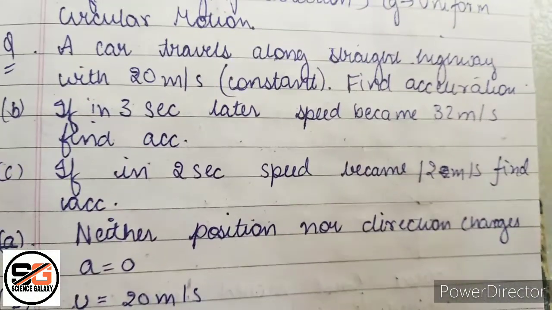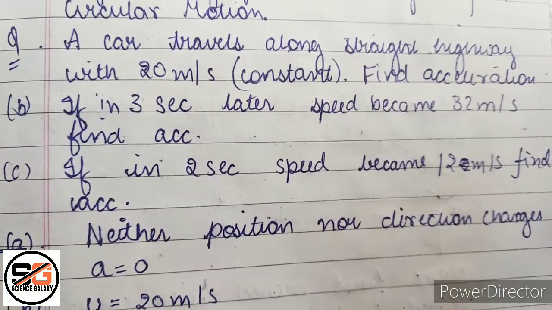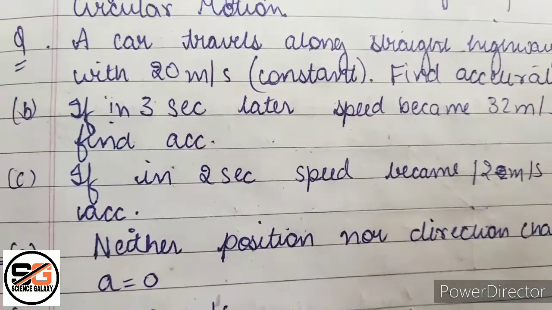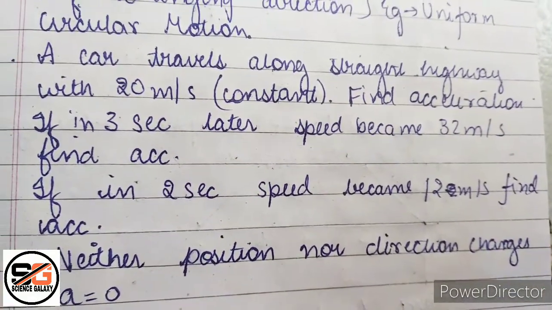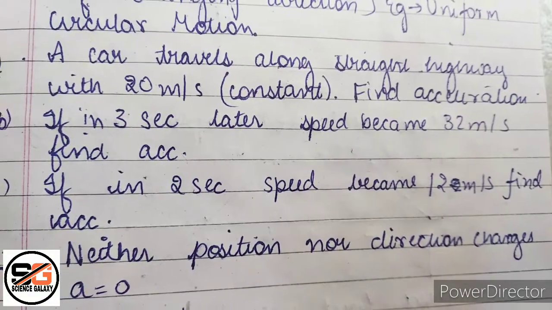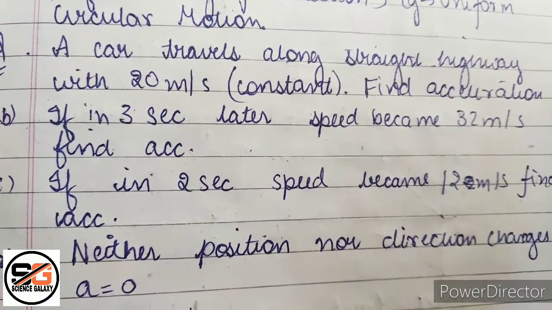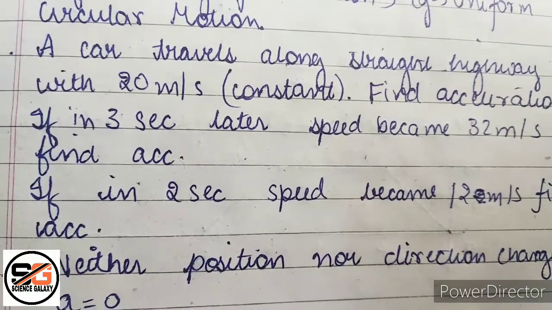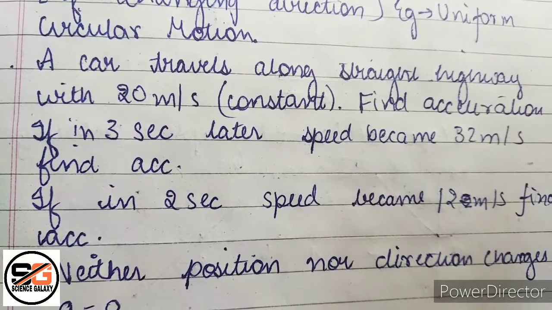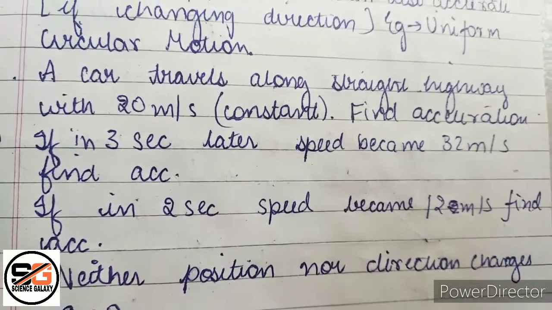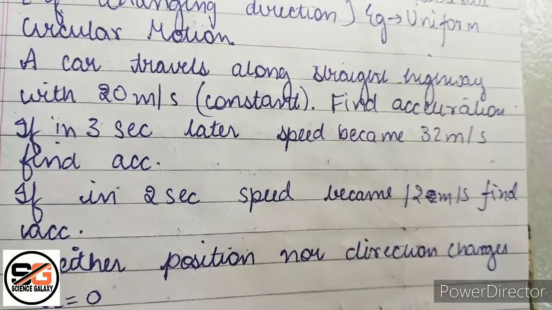Now let us try one question. A car travels along a straight highway with a constant speed of 20 meters per second. In a straight highway, the direction would remain the same, as well as the magnitude. So what would be the acceleration? Same magnitude and same direction means same velocity, and if velocity remains the same, the acceleration becomes 0.